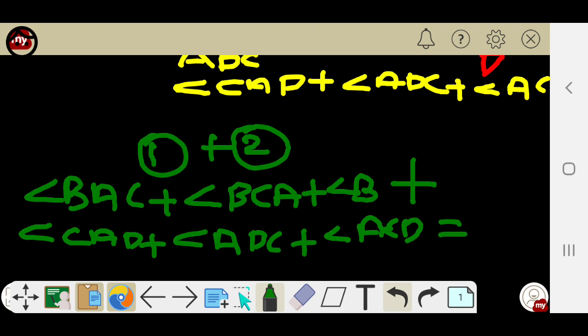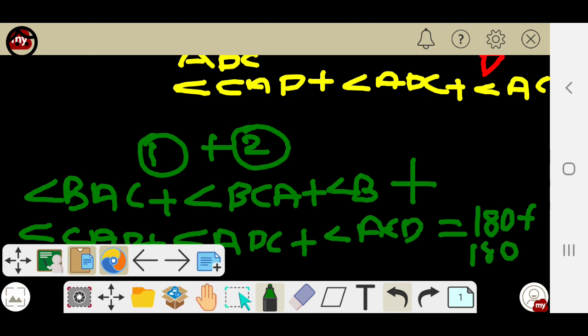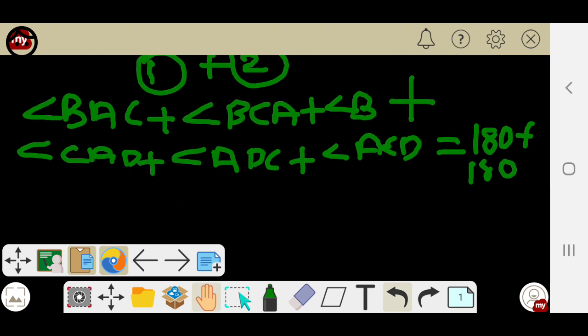We added LHS; same way we have to add RHS. The RHS of the first equation is 180 plus the RHS of the second equation, also 180. So 180 plus 180 equal to 360. Here we can consider that equal to 360.